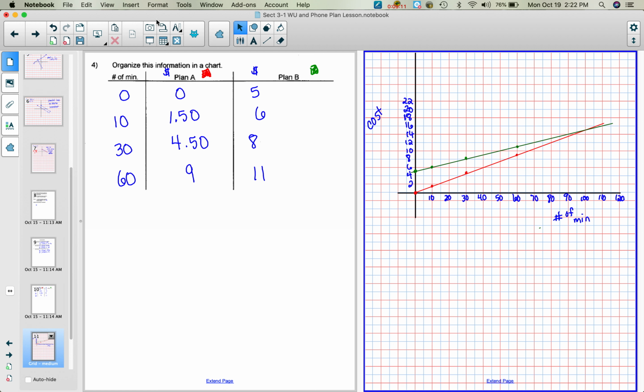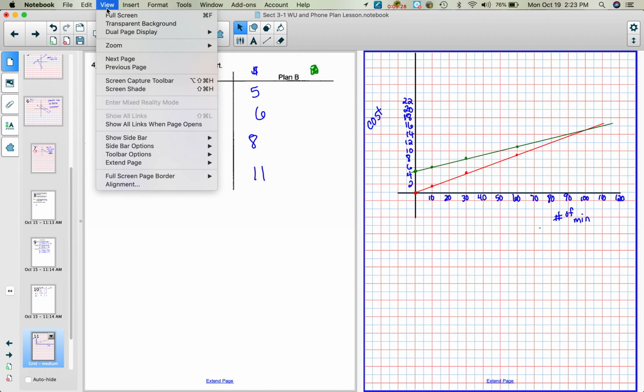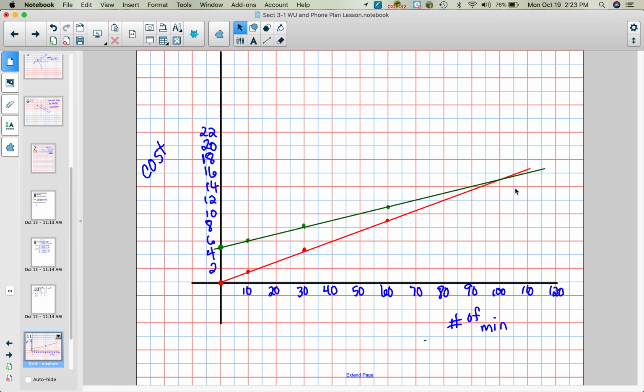Okay, now looking at my graph, I kind of messed with it a little bit because I had to rotate the lines a little bit to make sure they were going through the points that I plotted, because I didn't get them directly through there. So now, let me switch so you can see this graph larger.